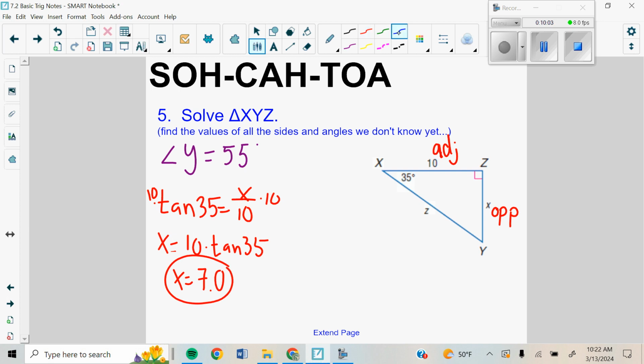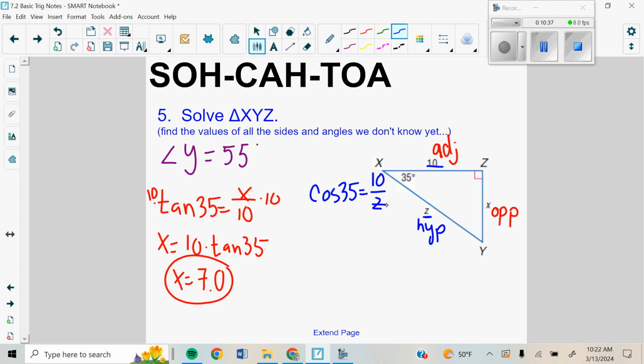All right, I like to keep using my 10 when I find z. Some people will use Pythagorean theorem and use your rounded answer of 7. You're going to get very close to the answer that we get when we do trig. I just like to use my whole number instead of my rounded answer. So z is my hypotenuse. So I'm going to now use my adjacent and my hypotenuse. So that's going to be cosine of 35 equals my adjacent over my hypotenuse. Now this one looks a little different. My denominator is my variable.